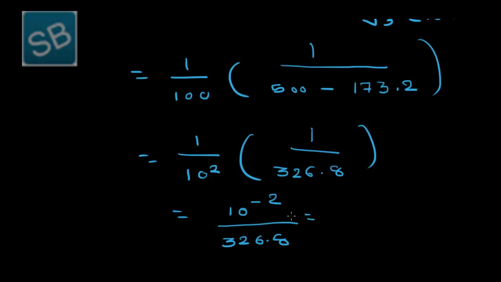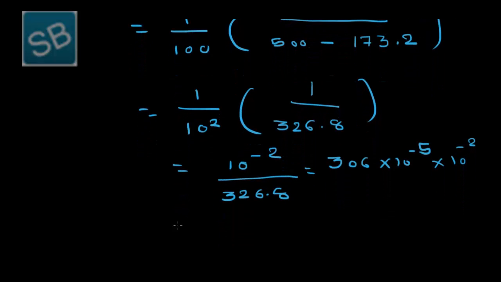Now 1 divided by 326.8 is 306 into 10 to power minus 5. But here 10 to power minus 2 is also in the multiplication, and so the value of capacitance C is equal to 306 into 10 to power minus 7 Farad.